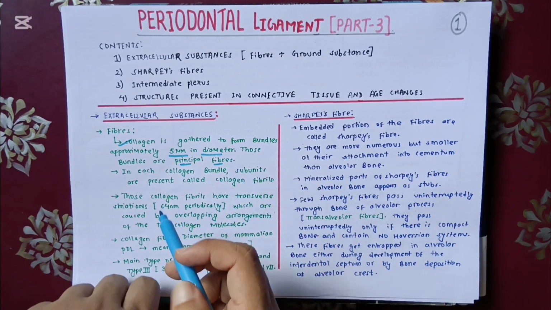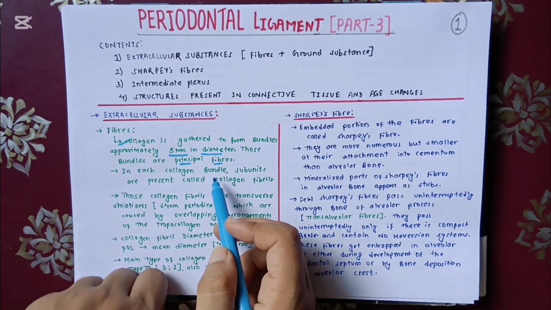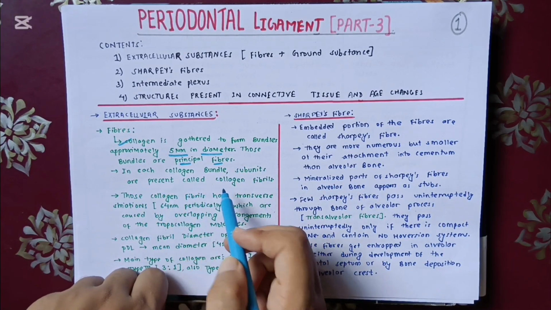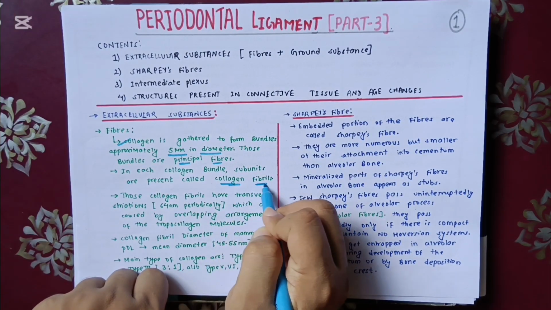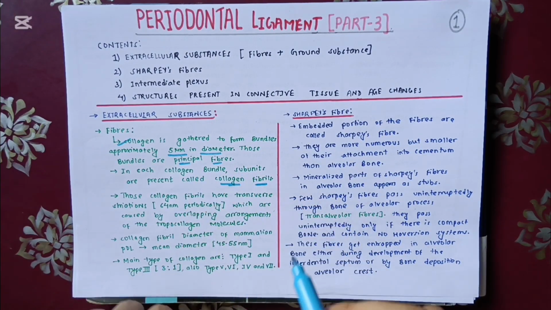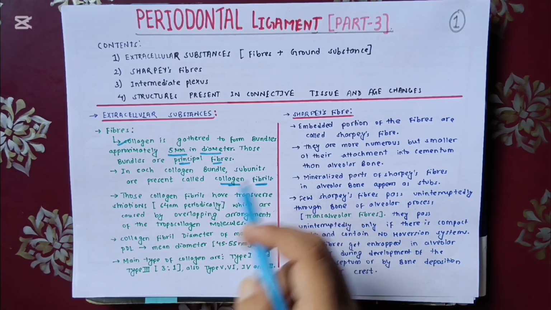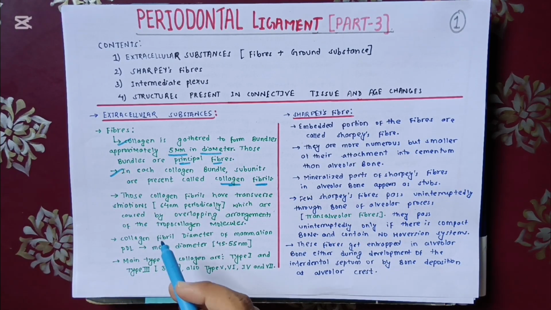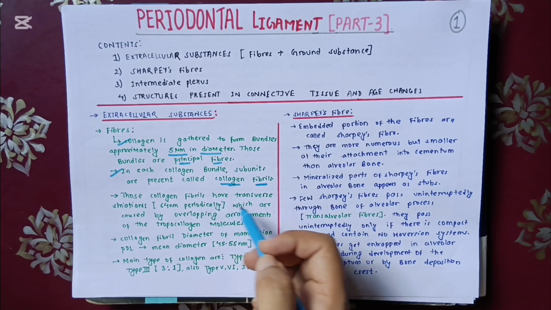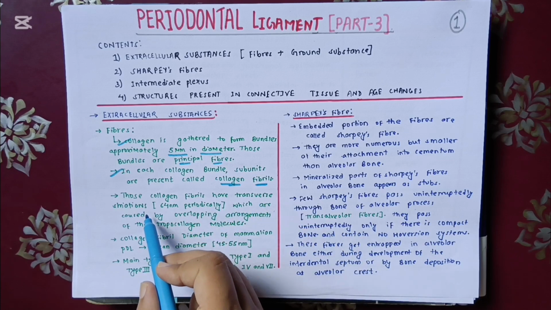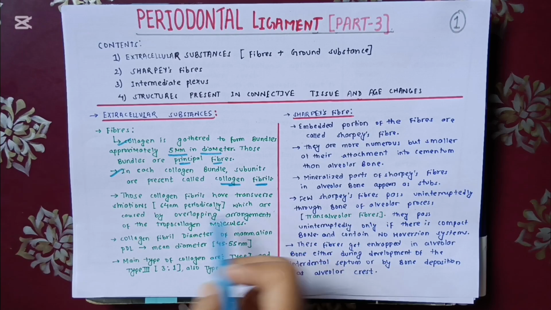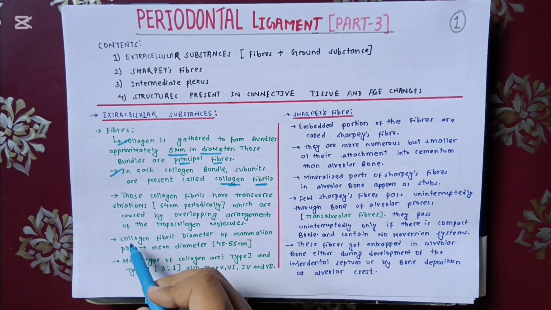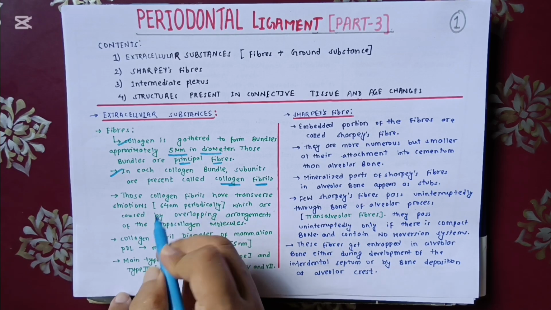After that, in the next point, as I have written here, in each collagen bundle subunits are present, and those subunits are called collagen fibrils. So collagen fibrils are the subunits of those collagen bundles, those principal fibers. Those collagen fibrils have transverse striations, periodically at 64 nanometer, which are caused by the overlapping arrangements of the tropocollagen molecules.